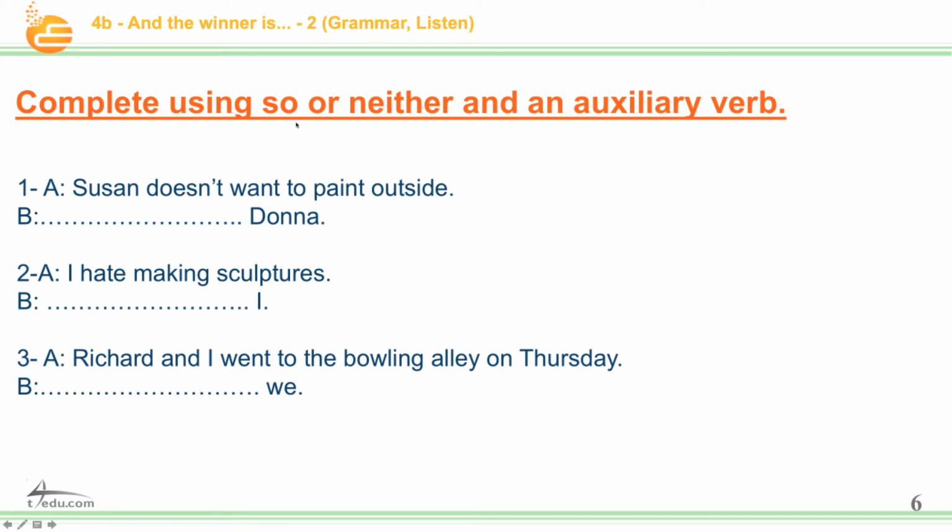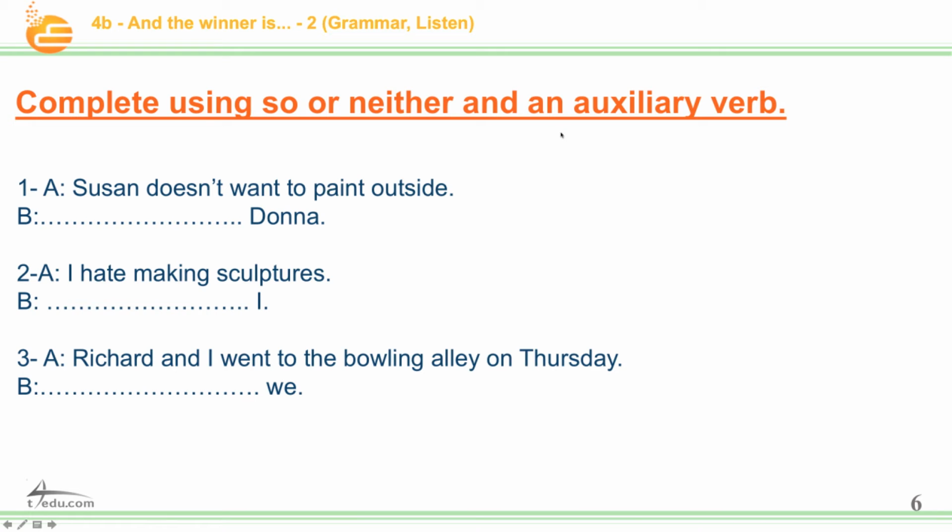Complete using so or neither and an auxiliary verb. Okay? Let's start. Number 1. Suzanne doesn't want to paint outside. So, what should we use here? So or neither, and why?